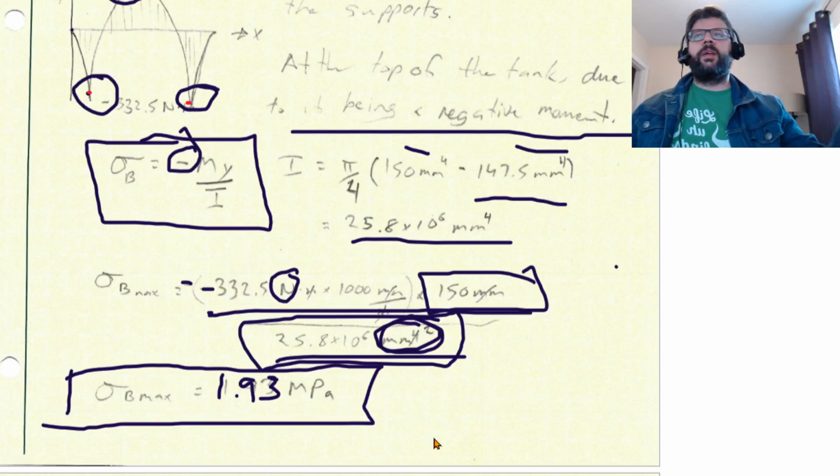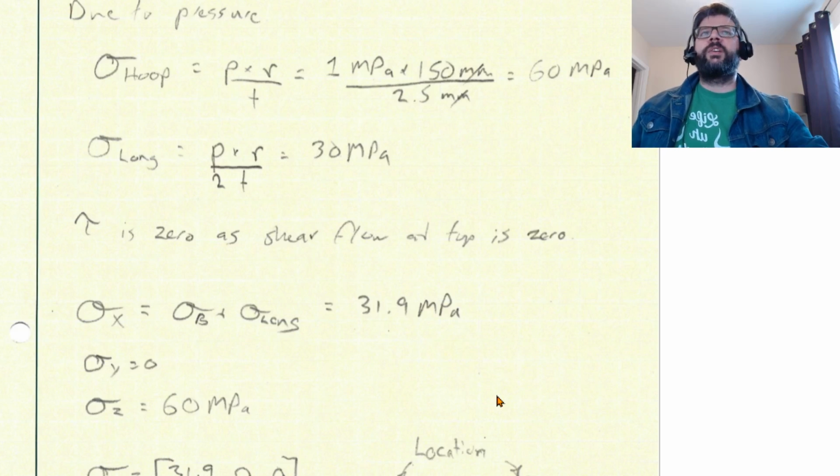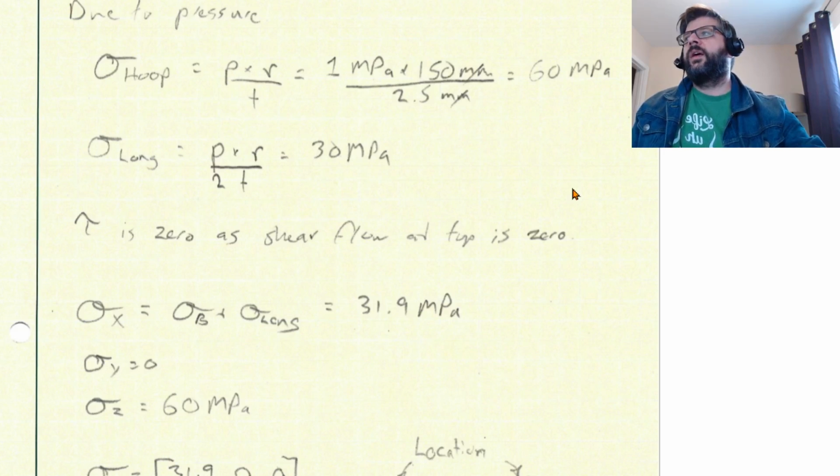Now, what do we get induced due to the pressure? So our hoop stress formula is just the internal pressure times the radius divided by the thickness. It's assuming that we're working with a thin-walled pressure vessel, which is going to be a reasonable approximation here.